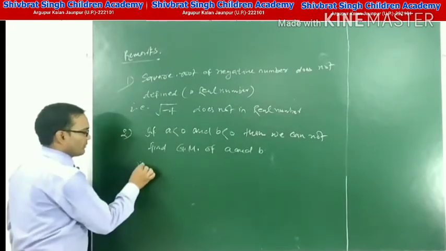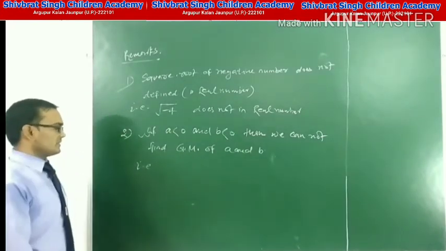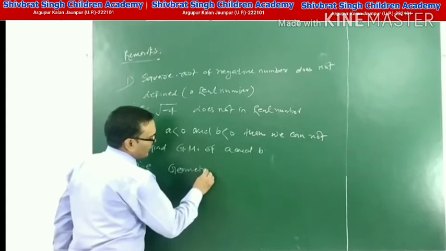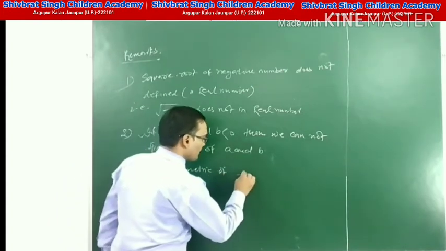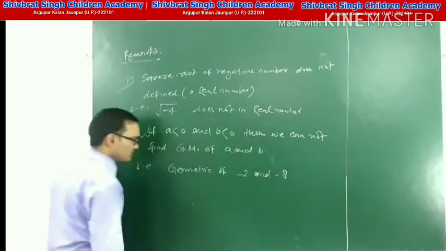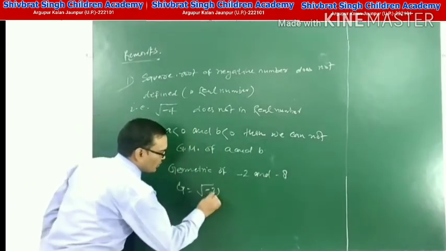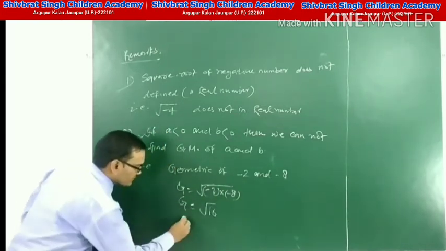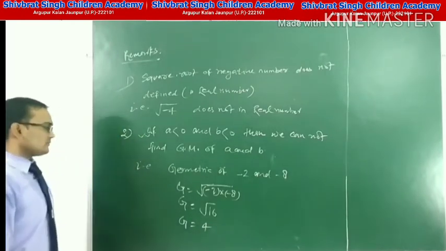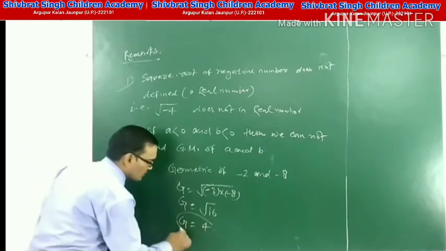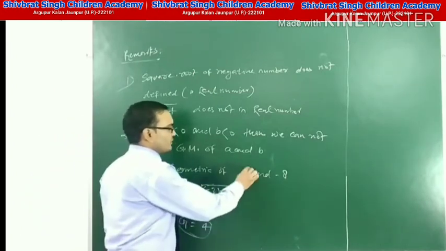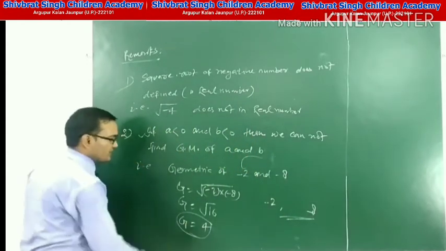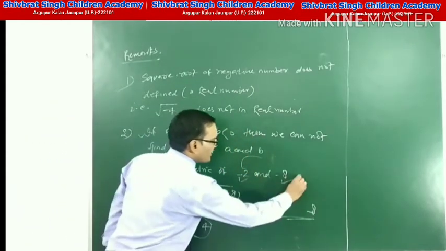We understand this concept by an example: geometric mean of -2 and -8. G equal to square root of -2 multiplied by -8. G equal to square root of 16, G equal to 4. Here 4 is not between -2 and -8. Then 4 is not the geometric mean of -2 and -8.